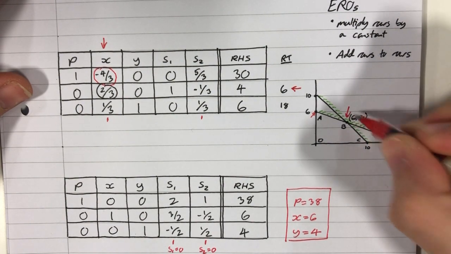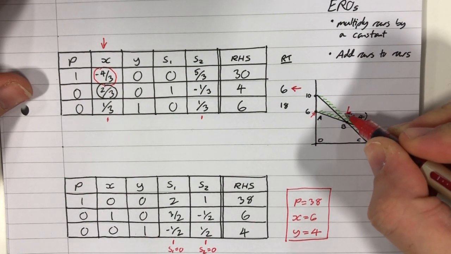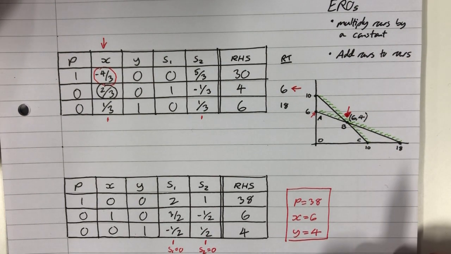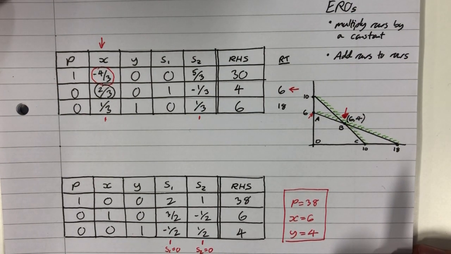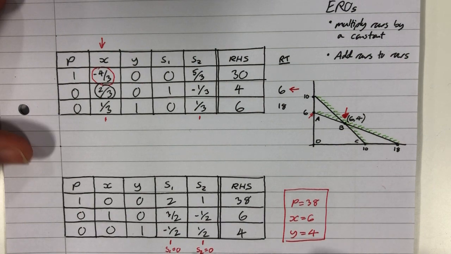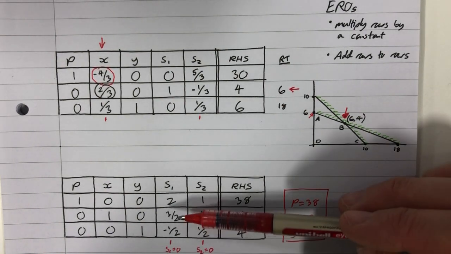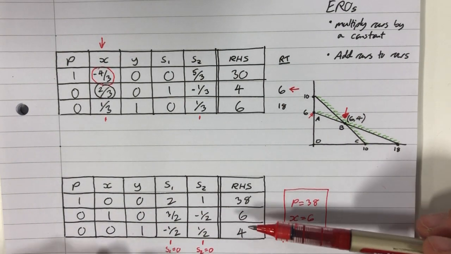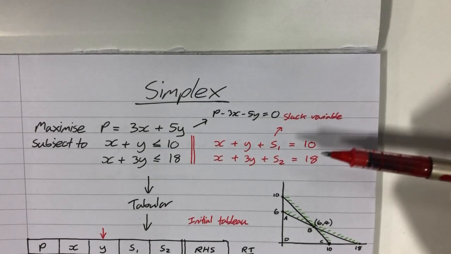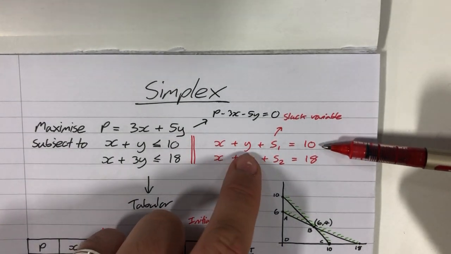Solving it graphically, we would arrive at the same solution here. Is my optimal vertex. S1 and S2, the significance of them both being 0 means that we lie on those constraints. So S1 was originally the slack variable for the first constraint, this one here, so that means there's no slack left.